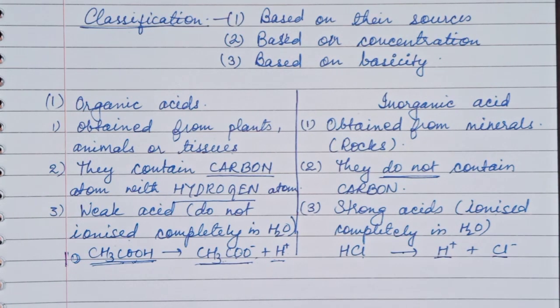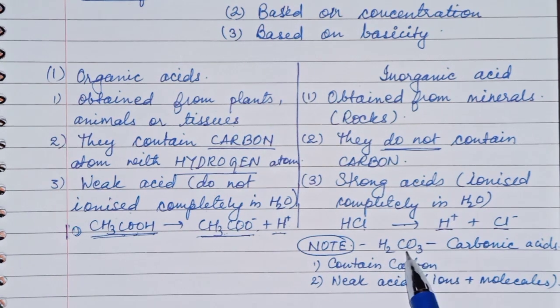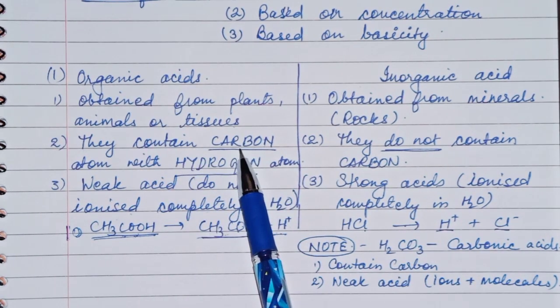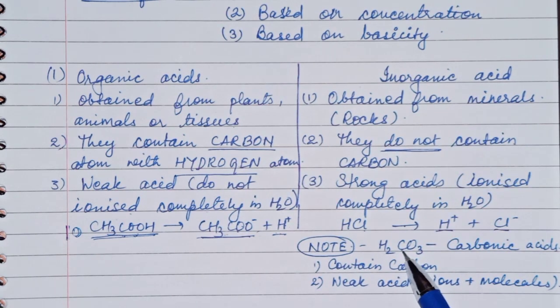One exception is here with inorganic acid, carbonic acid, children. Carbonic acid is H2CO3. You can see here carbon is present. And what I said before, that organic acids only contain carbon in them. But here it is an inorganic acid which contains carbon. So this is the first exception. And the second point is it is a weak acid.